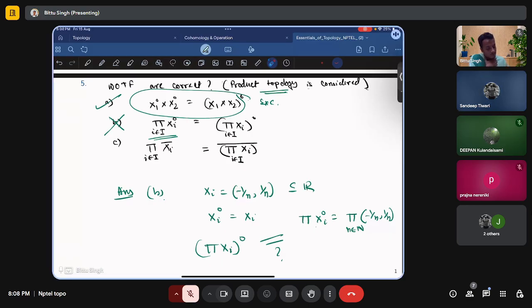In this way you can argue, but there is an easier way: interior is always an open set, but this cannot be open in product topology.